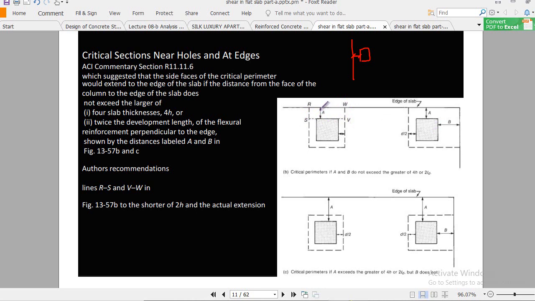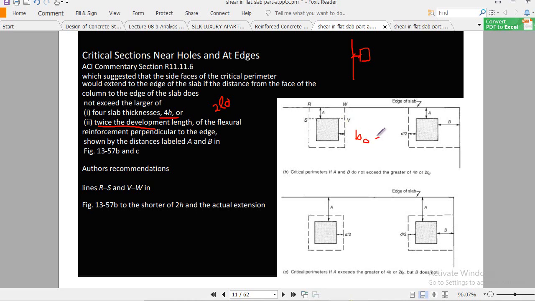You see, the ACI code says that if this A and B distance is more than 4h, or more than twice the development length, 2Ld, then the code allows you to add this RS and VW to your b naught.